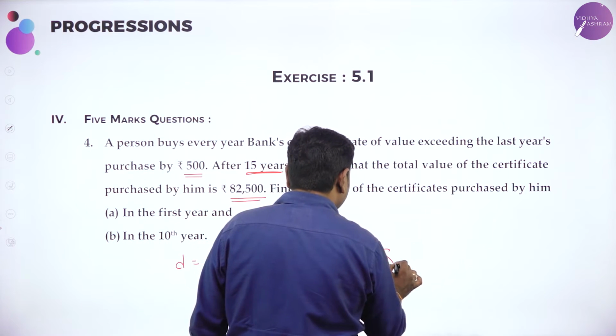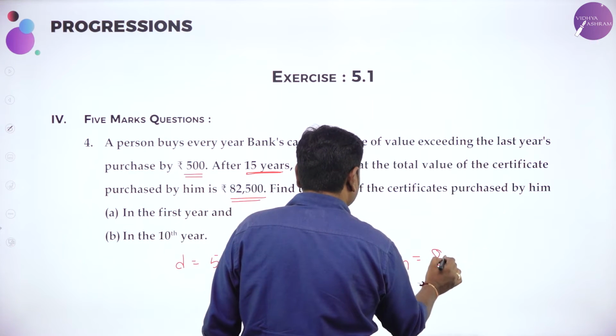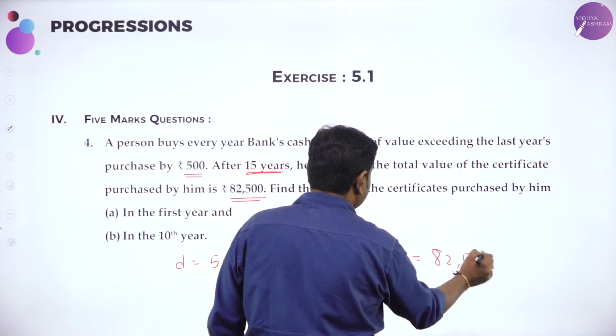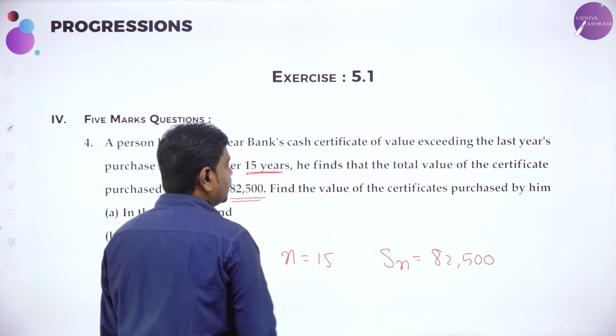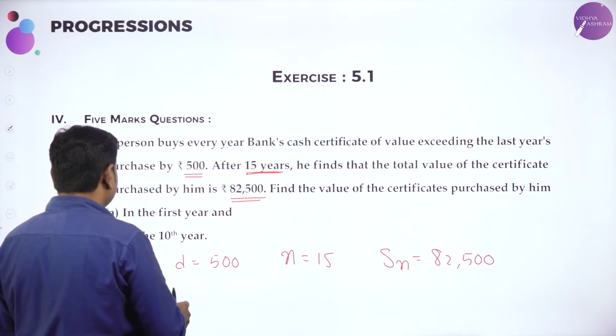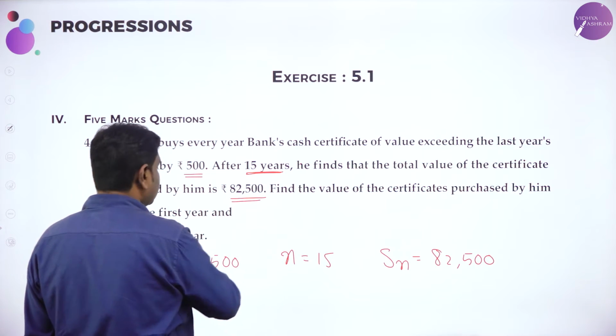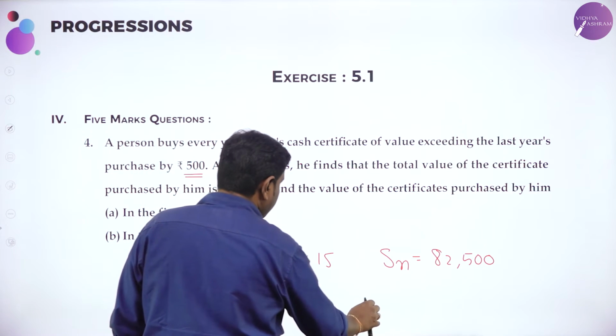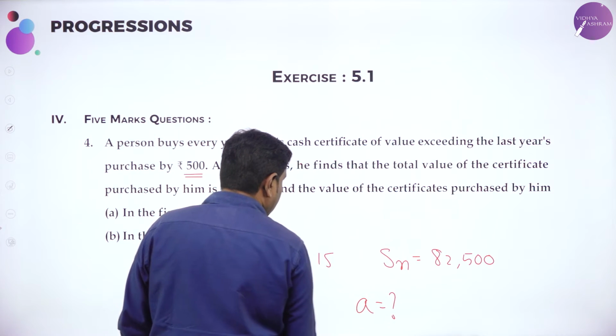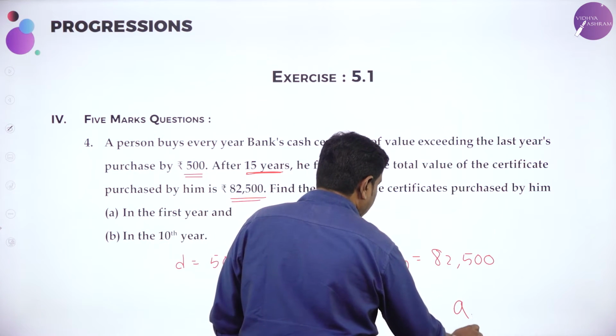Total value means sum. And find the value of the certificate purchased by him in the first year and 10th year. Value in the first year means a, and value in the 10th year means a10.